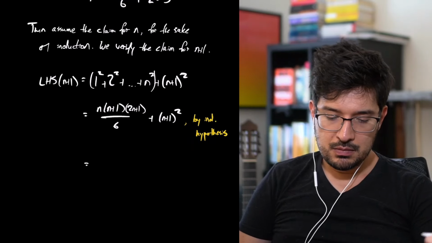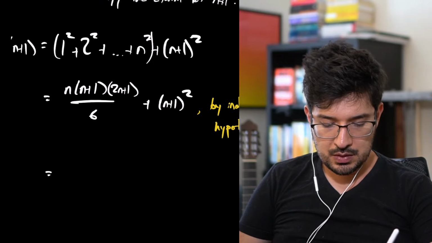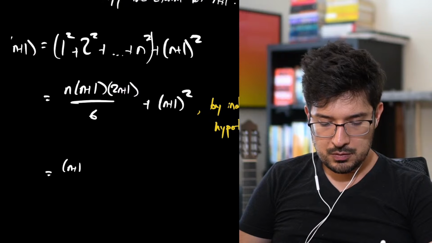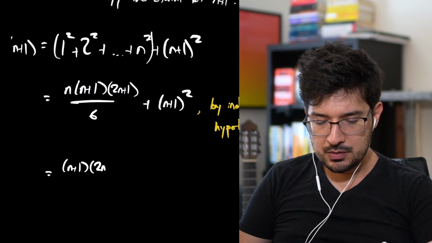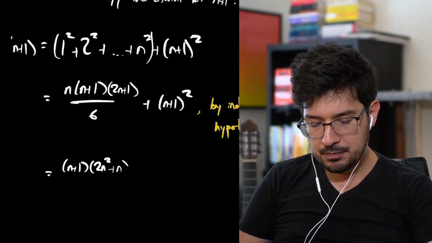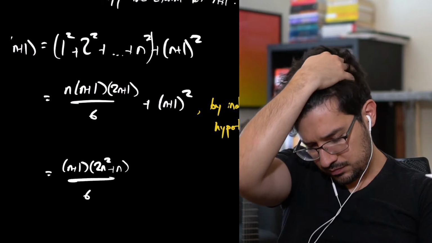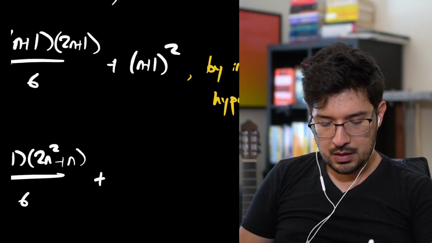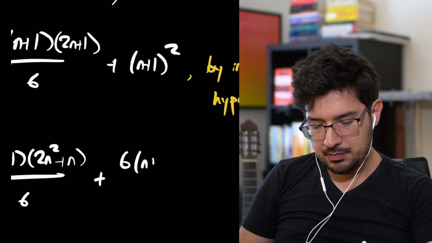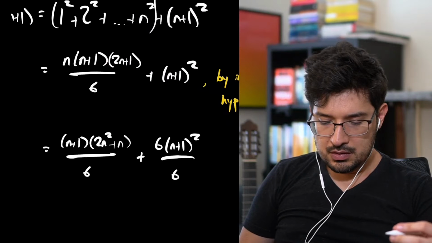Then this we can distribute. Maybe I distribute n into the second term and keep n plus 1 factored. 6 times n plus 1 squared over 6.